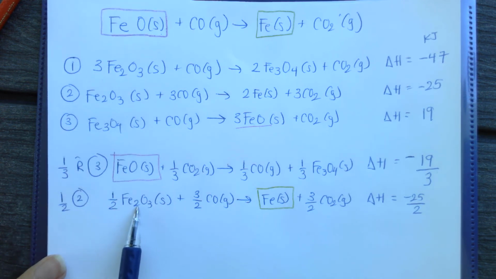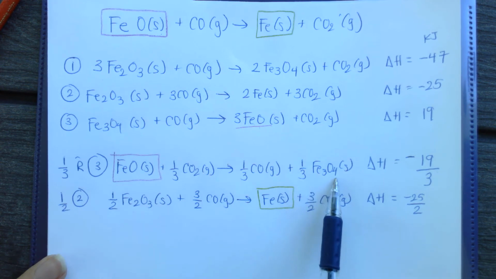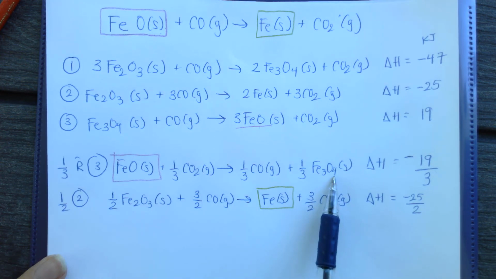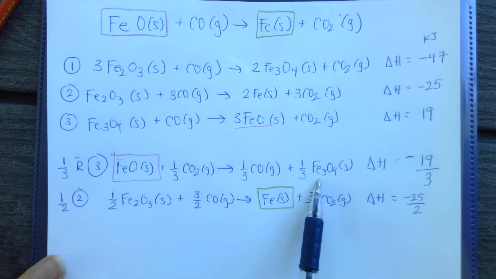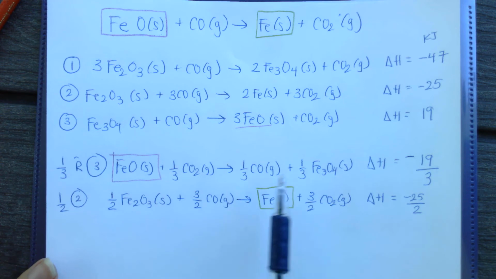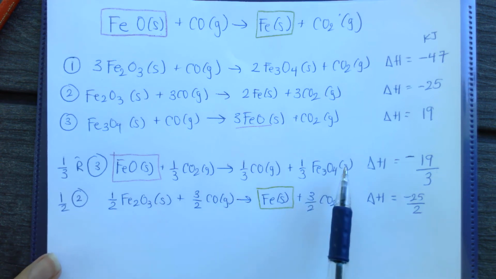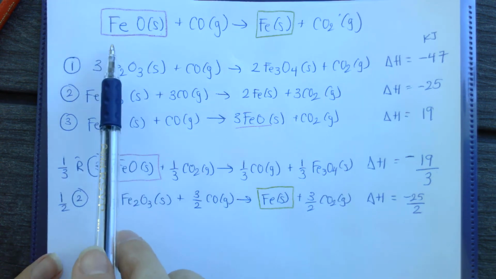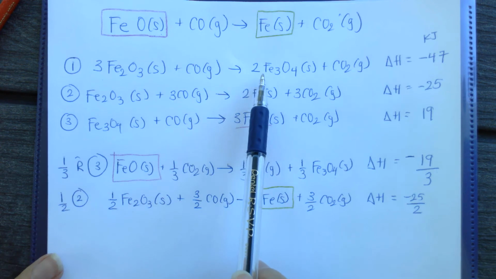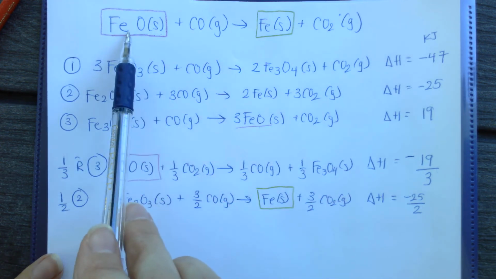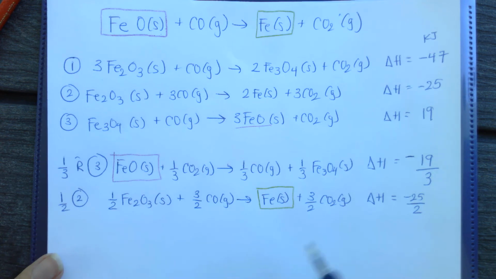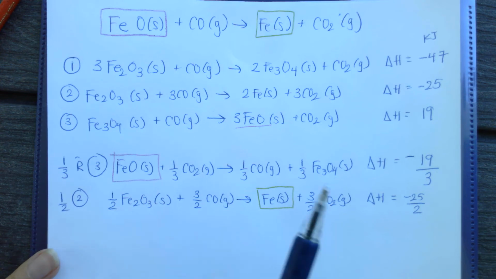I do notice I have Fe2O3 and I also have Fe3O4. These are going to have to be gone. I'm going to need to have these cancel out with the Fe2O3 and the Fe3O4 up here. These can't be around anymore. So they're going to have to be like our spectator ions. They're going to have to be eliminated.